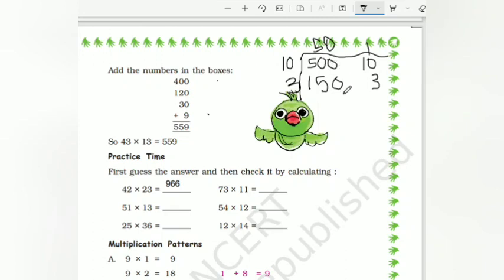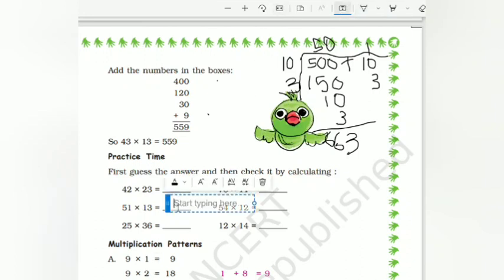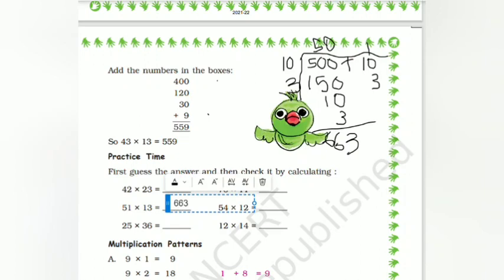So 500 plus 150 plus 10 plus 3. 0 plus 0 plus 0 is 0, plus 3 is 3. 5 plus 1 is 6. 5 plus 1, 6. So 663 is the answer for this. Okay, have you understood? 663.